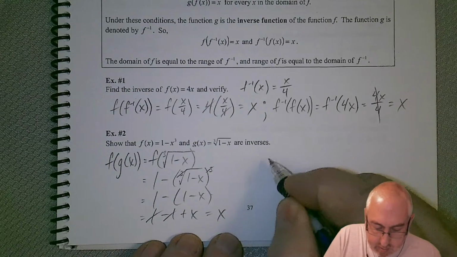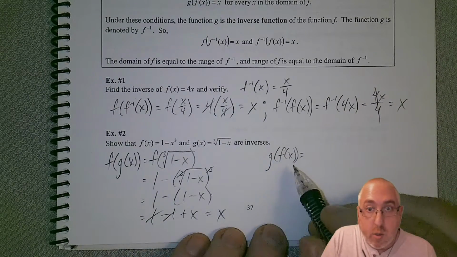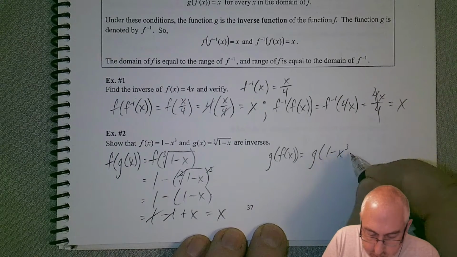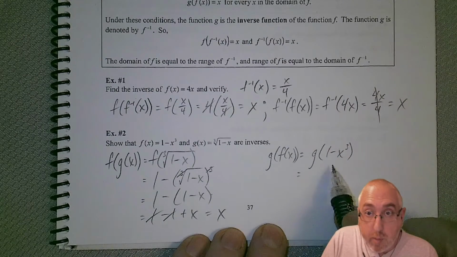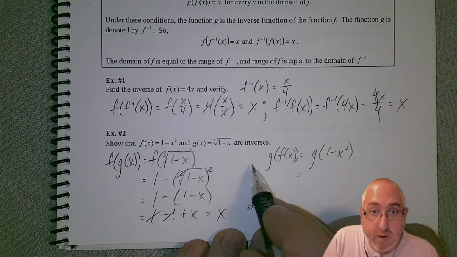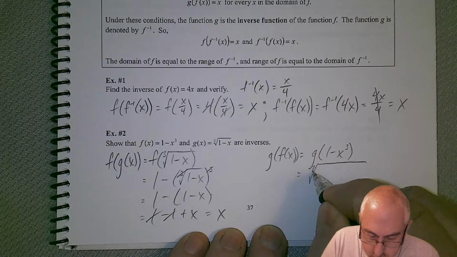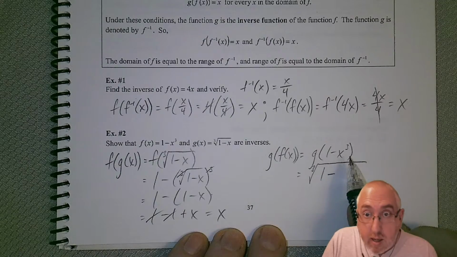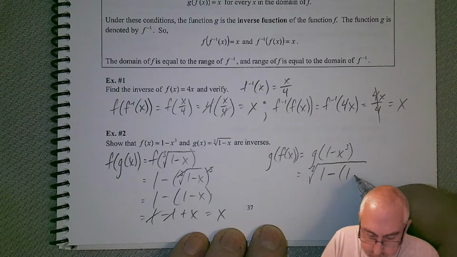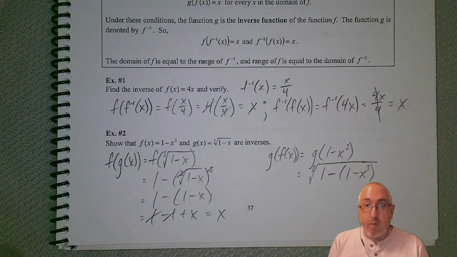All right, let's swap it around. We want to replace f first, so g of 1 minus x cubed. We want to replace our x with 1 minus x cubed in function g. So we need that cube root. We have a 1 minus, and now that input of x is replaced with this. Let's use parentheses around it. So that should be the proper format.